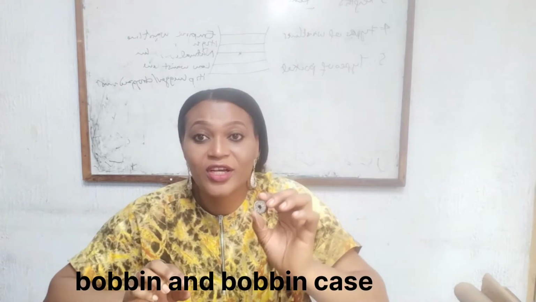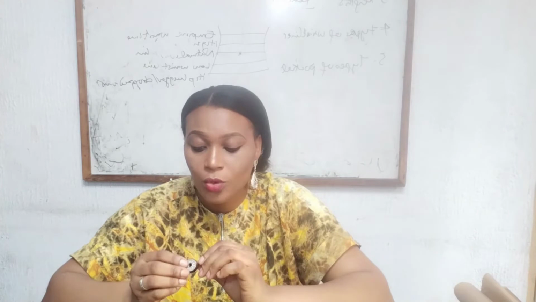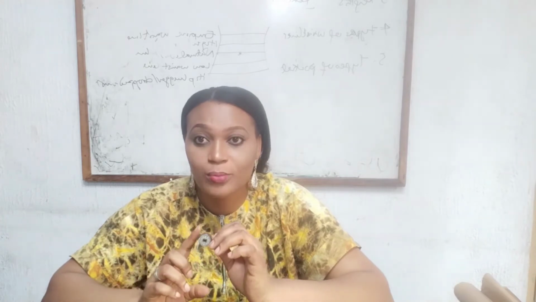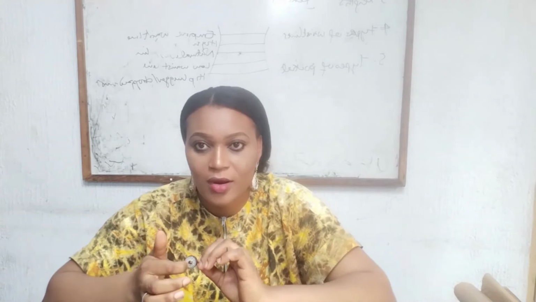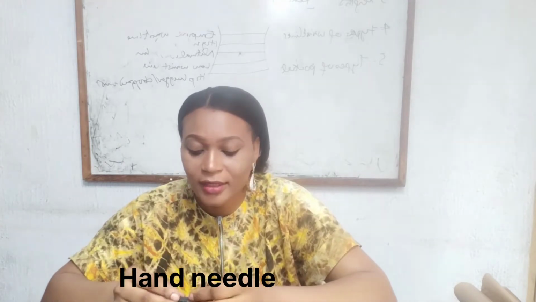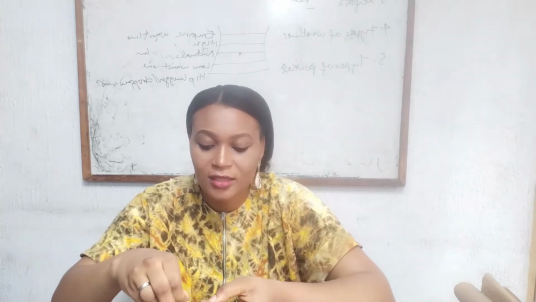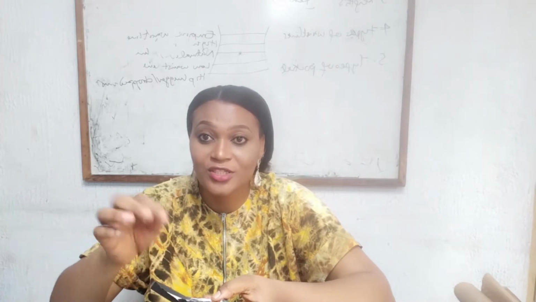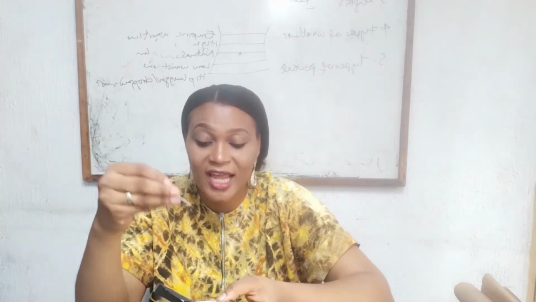We also have a shuttle and bobbin, or what we call a bobbin and bobbin case, or a shuttle and reeler. We also have our hand needles. Yes, the invention of sewing machines does not take away the use of our hand needle stitches.